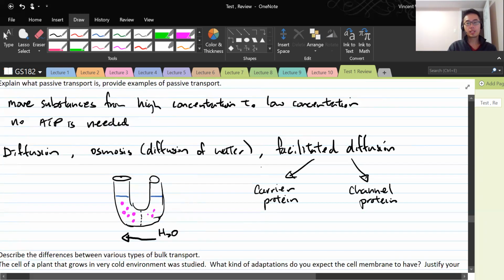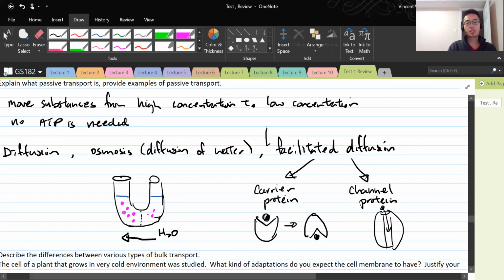Okay, so carrier protein is the Pac-Man, right? Remember? The substance binds, and then it causes the protein to change shape, and then it will transport the material to the inside. Whereas channel protein is just a protein with a tunnel for things to go through.